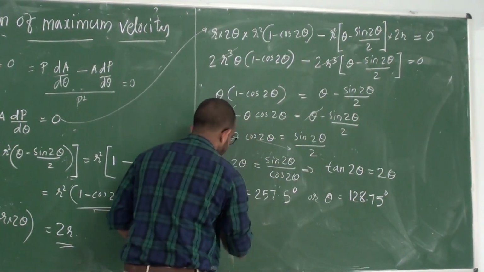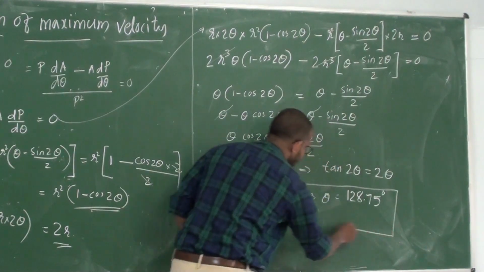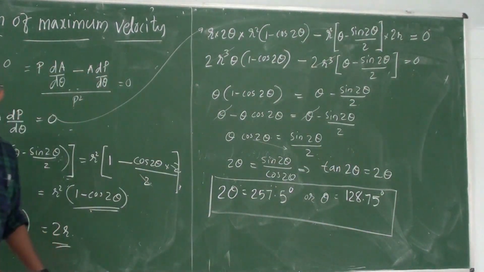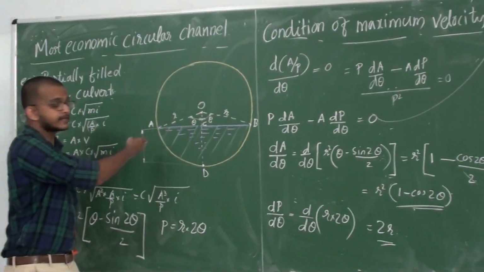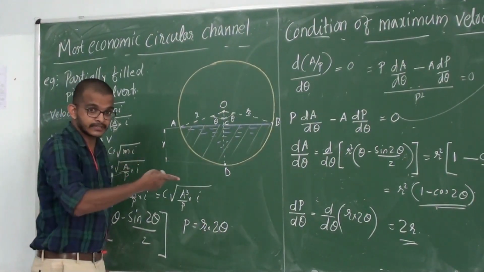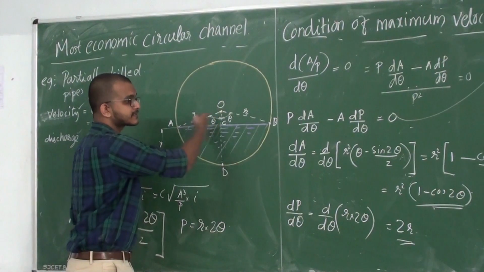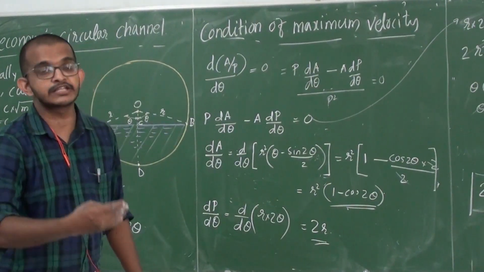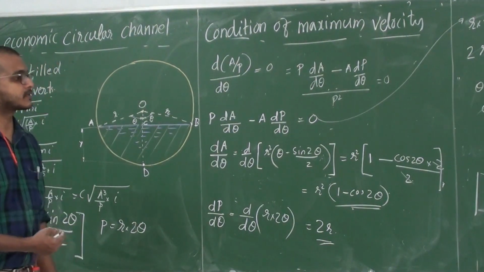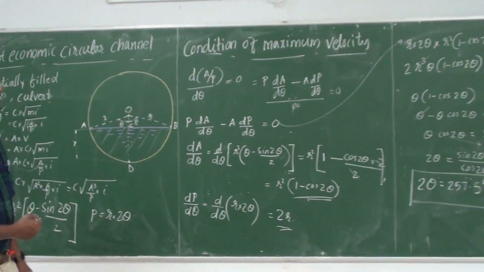So this is the condition for maximum velocity. That means we have to maintain the depth of flow in such a way that the angle subtended at the center, 2 theta, is equal to 257.5 degrees in order to get maximum velocity, or theta is equal to 128.75 degrees.